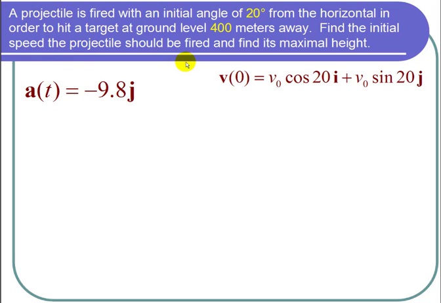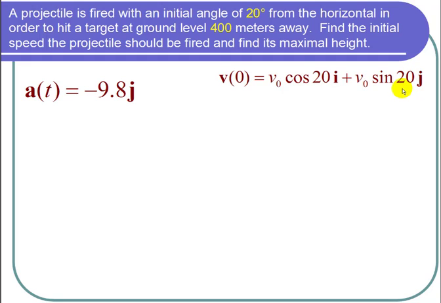So we set out that the initial velocity is speed times the cosine of 20 degrees. That's like r times cosine of theta in polar coordinates for the x-coordinate, times i, plus v naught times sine of 20 degrees times j.